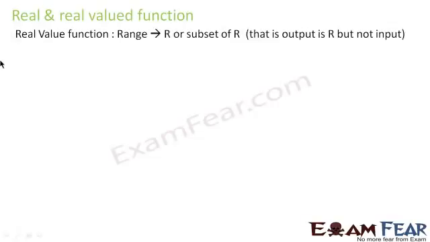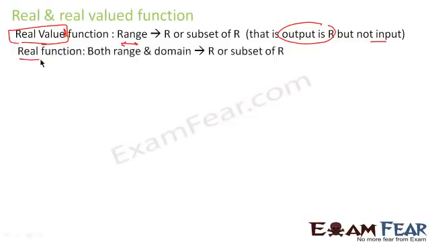Let's discuss what a real and real valued function is. A real valued function is a function for which the range is the real numbers. That is, the output is real. The input may not be real. So it is a real valued function. And when you say real function, in that case both input and output are real.